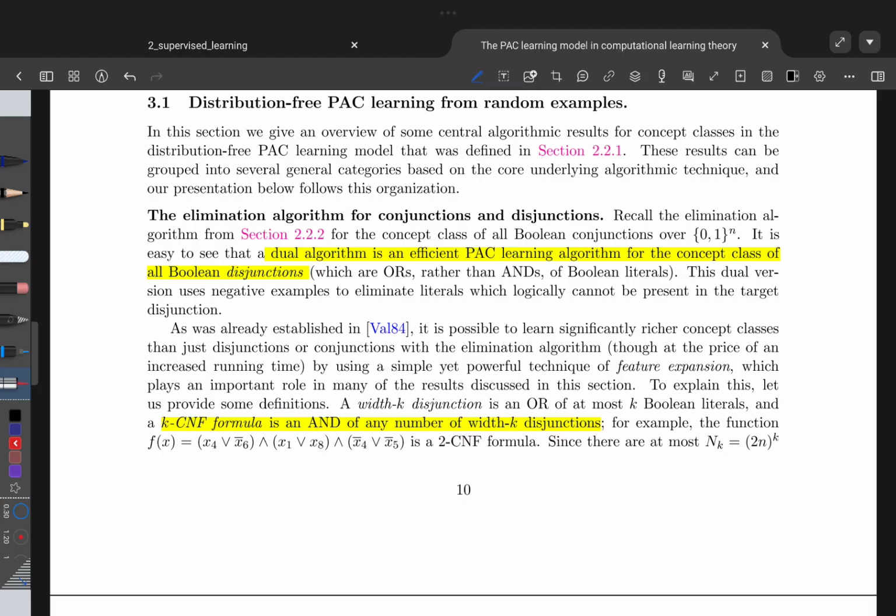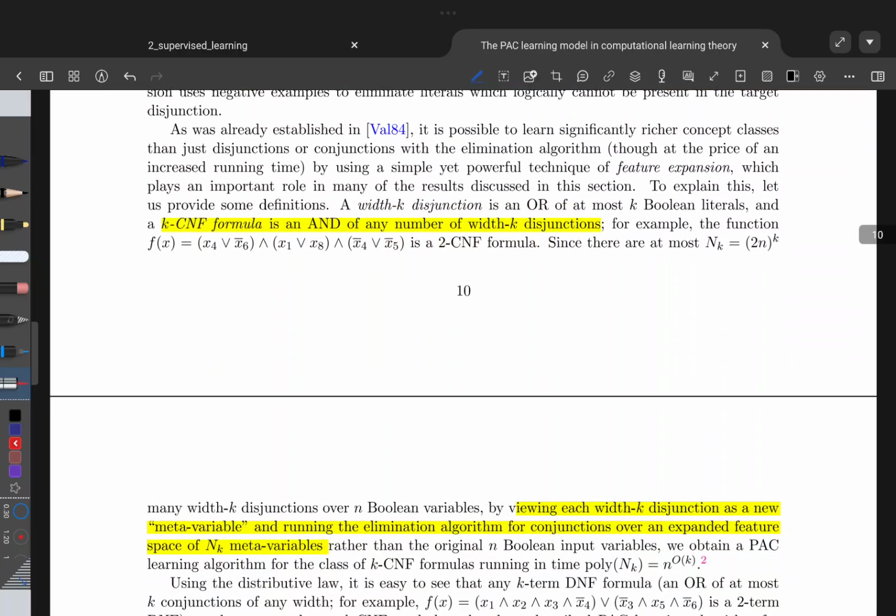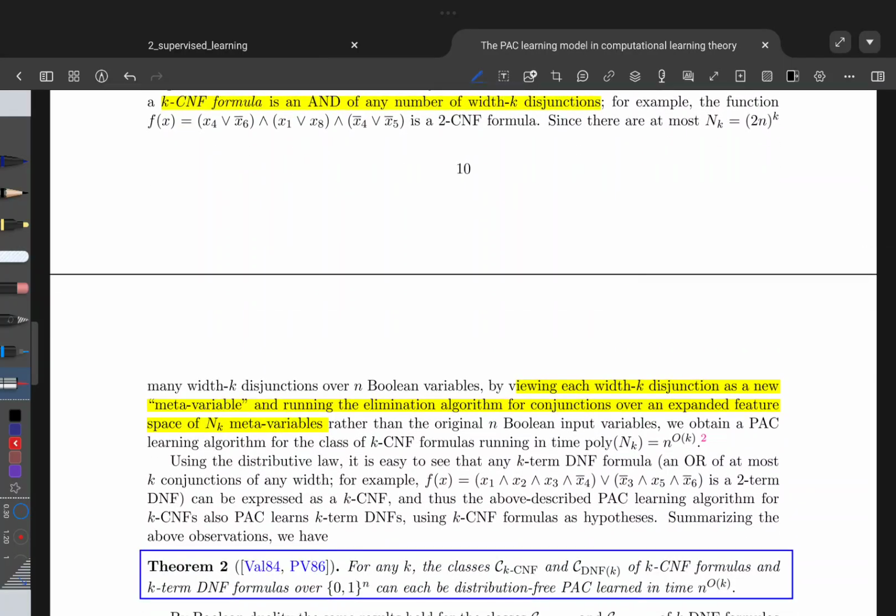So it's an AND of multiple terms, and each term has exactly k variables. But the number of such terms could be arbitrary. The only restriction is how many variables can be in each term, and that is k.